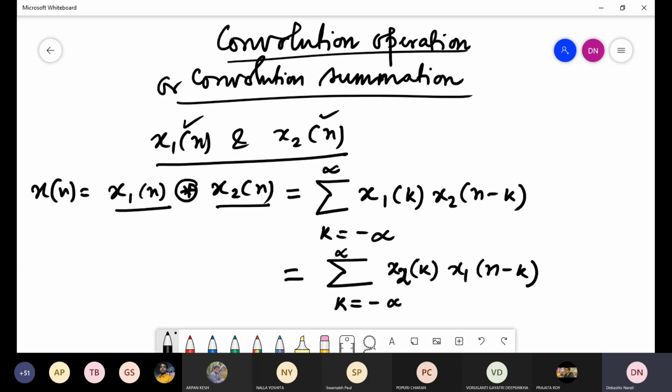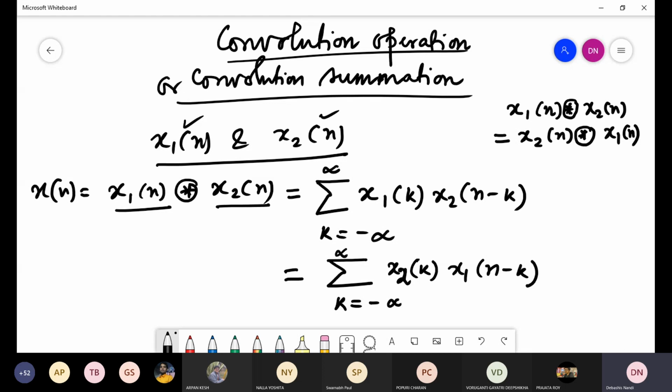So what I want to say is that if I have two discrete time signals x1n and x2n, then x1n convolved with x2n is equal to x2n convolved with x1n. That means this convolution is always commutative.